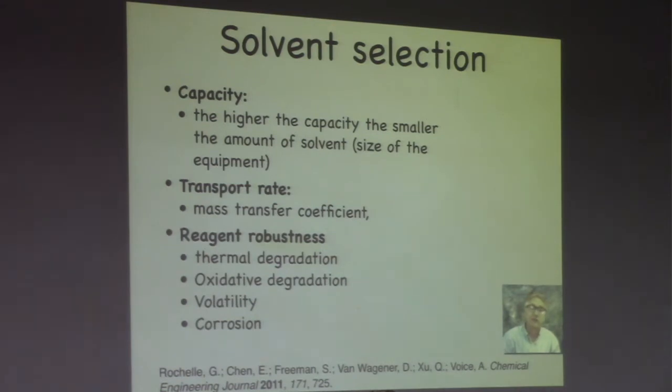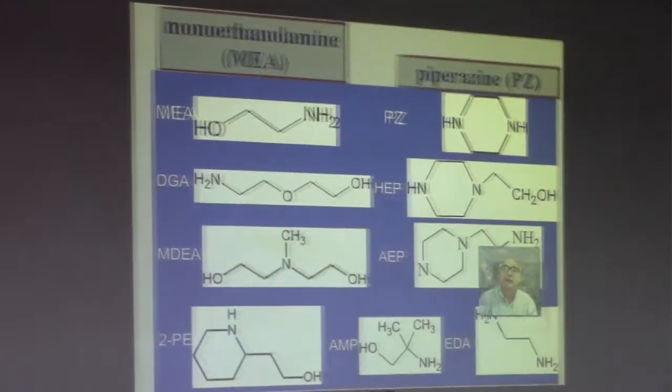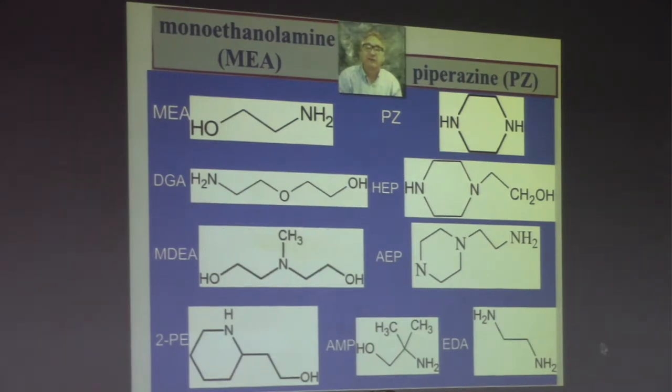In light of all these issues, it's useful to go back and consider amines again. And here's a diagram or a picture showing a family of many, many different amines that have been considered for absorption columns. I note that here is monoethanolamine, a compound we discussed previously. And in the upper right, I'm showing piperazine, which is a new solvent being considered for absorbers and strippers in CO2 capture.